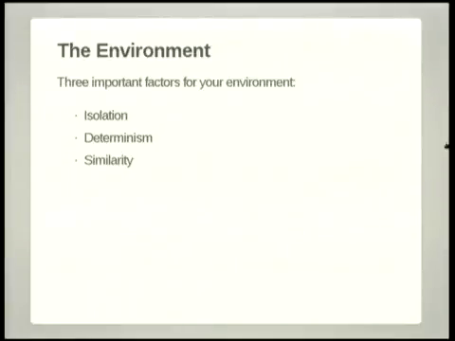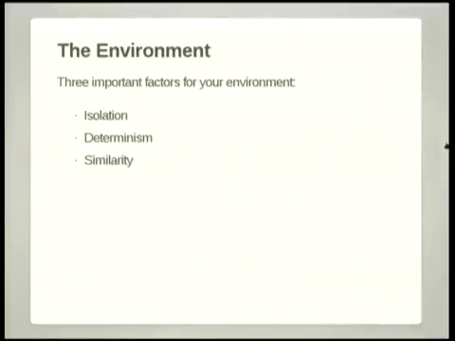Isolation basically means I want this project to be isolated from the rest of my system. I don't want things that I've installed for something else creeping into the environment, and I also don't want things that I'm installing for this project to interfere with other things I might be doing.